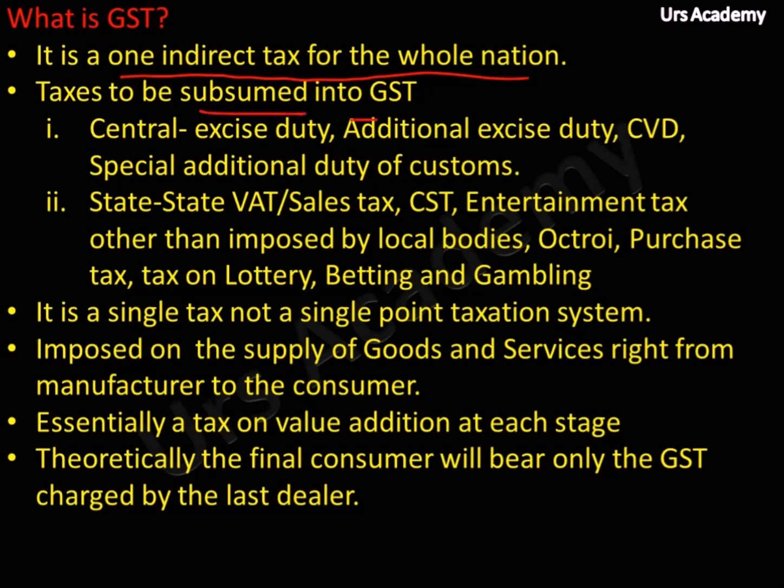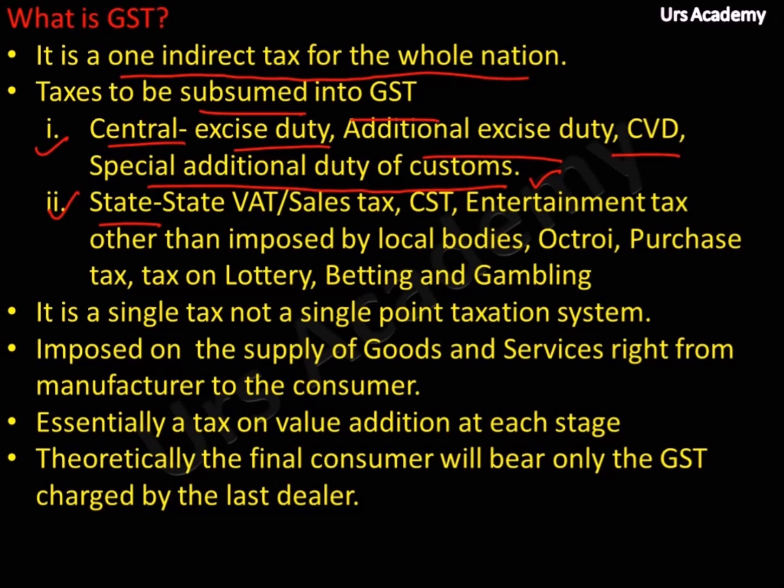What are the various taxes that will be subsumed into GST? There will be central and state taxes. We know there are different levels of taxes in our country: central, state, and other local taxes as well. Under central there will be excise duty, additional excise duty, countervailing duty, and special additional duty of customs. These taxes will be subsumed in this one tax, that is goods and services tax.